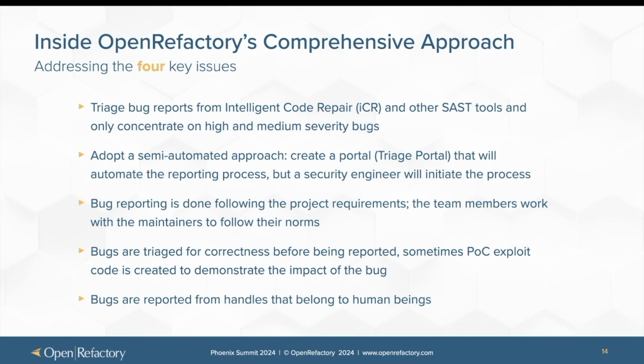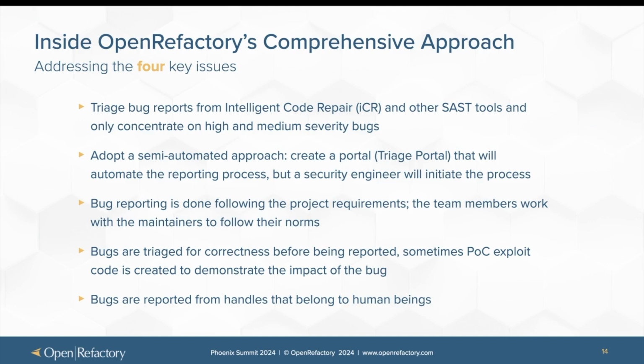We adopt a semi-automated approach and created a triage portal that will automate the reporting process. But a security engineer will always initiate the process and will follow the norms that are defined in the project's requirements, like the security.md file.